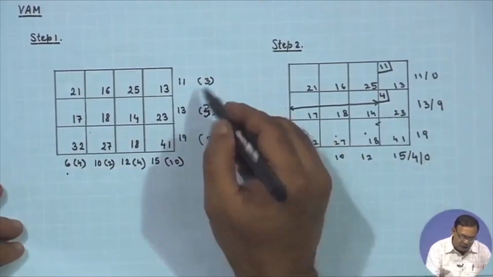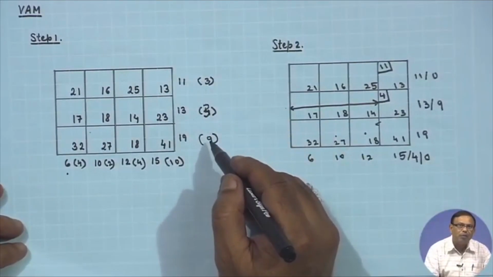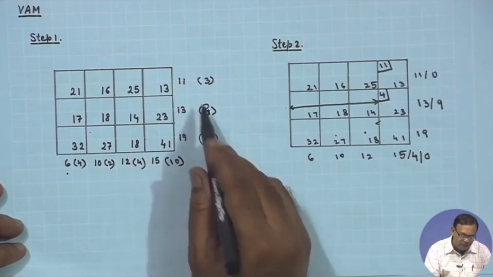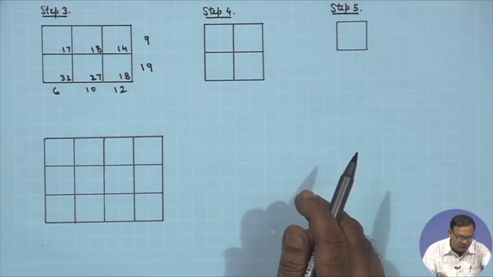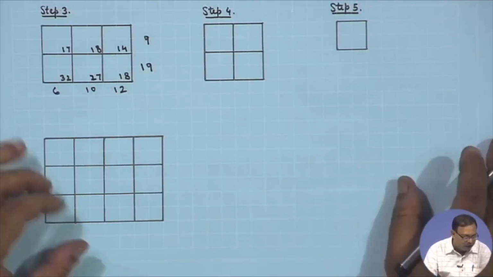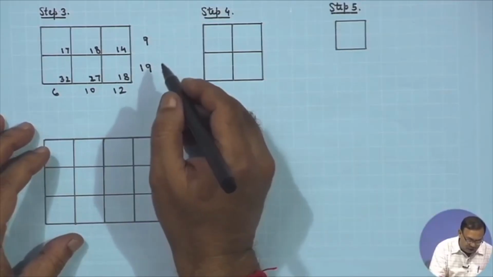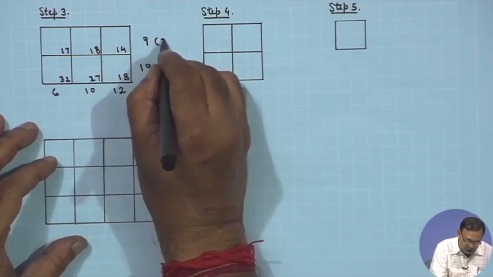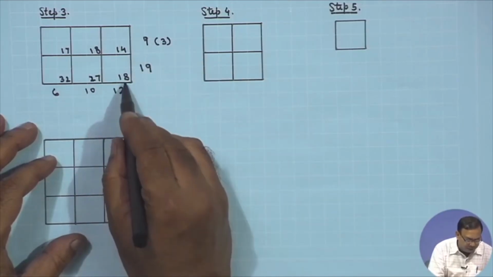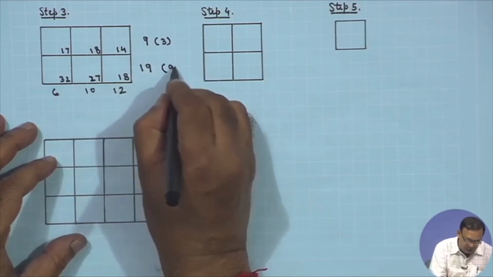Now, repeat the process whatever we have done on the earlier table. That means, again find the difference between the minimum and the second minimum and choose whichever is the highest one. You have to repeat the process until you are allocating everywhere. So, for this case here the difference is 17 minus 14. So, for this row it is 3, for this it is 9.